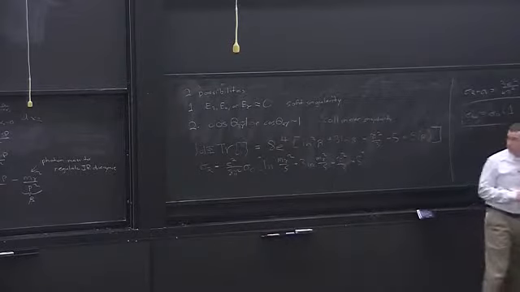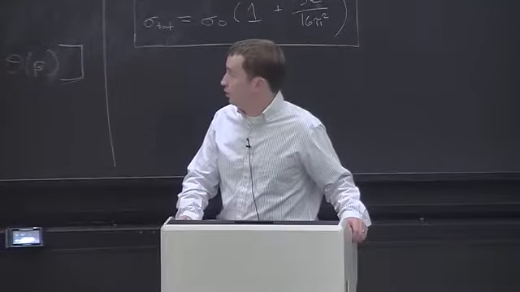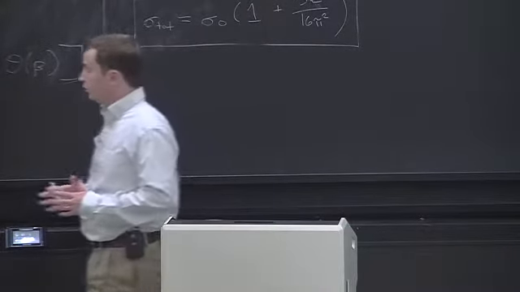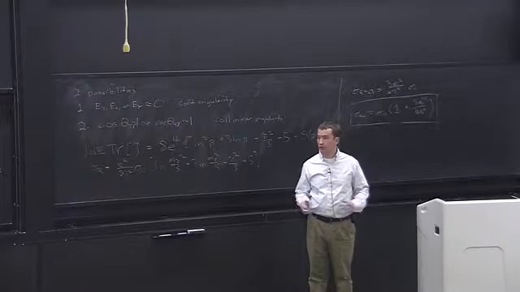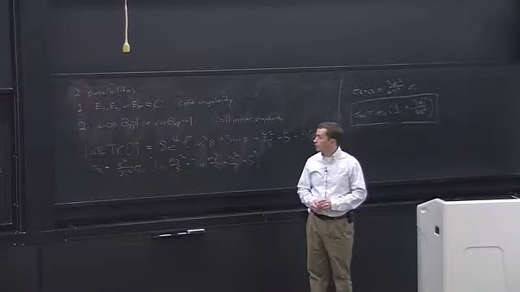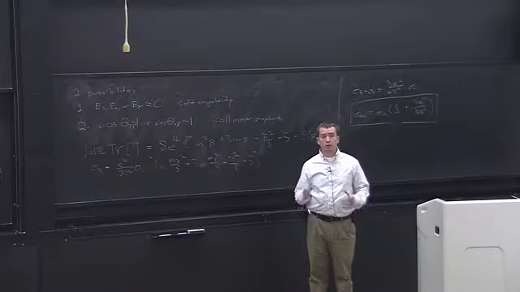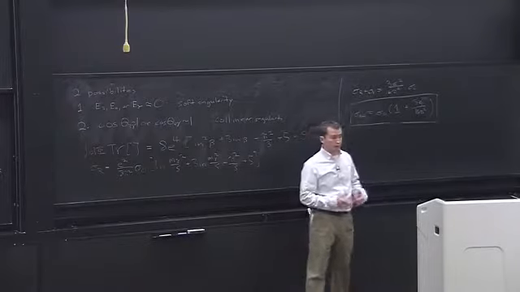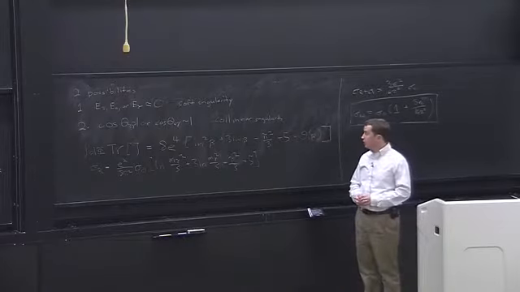Sometimes we have to compute corrections to the initial state. But in general, if you sum over all possible indistinguishable initial and final states, you're guaranteed to get a finite result.